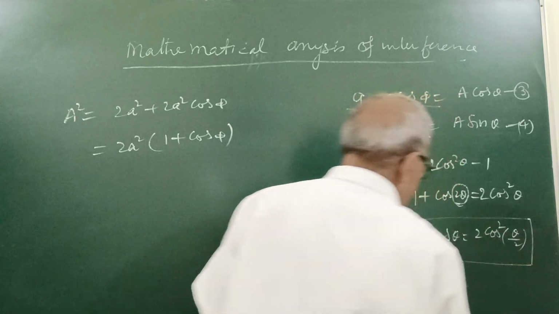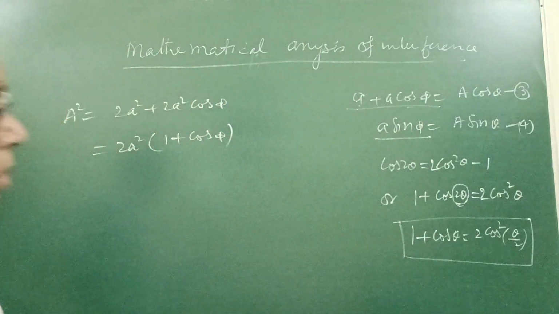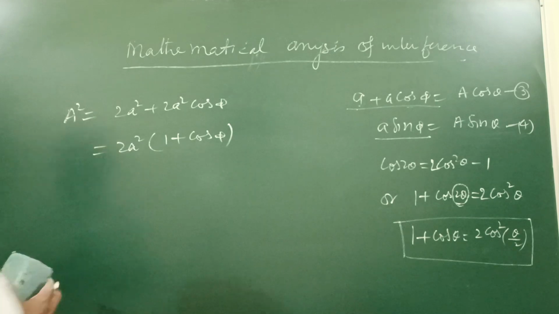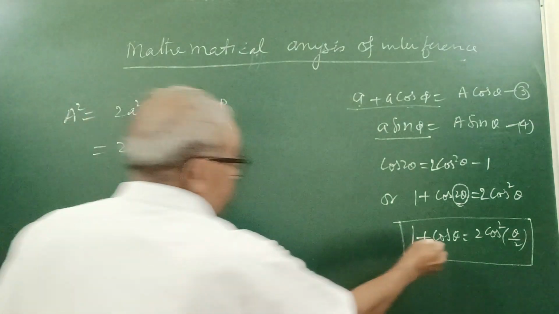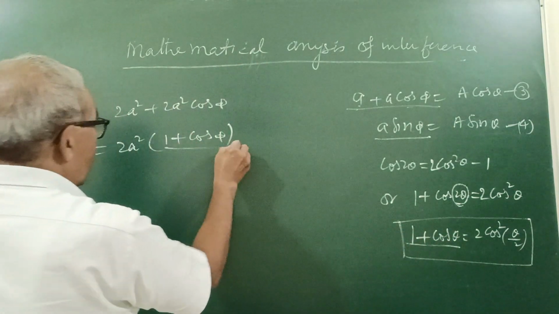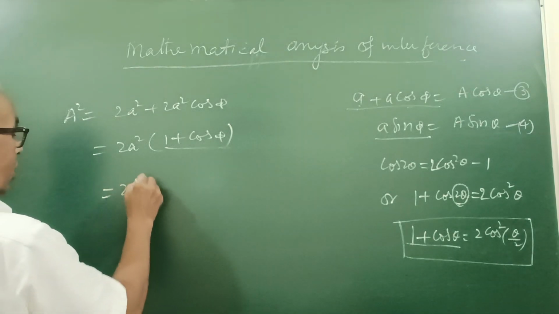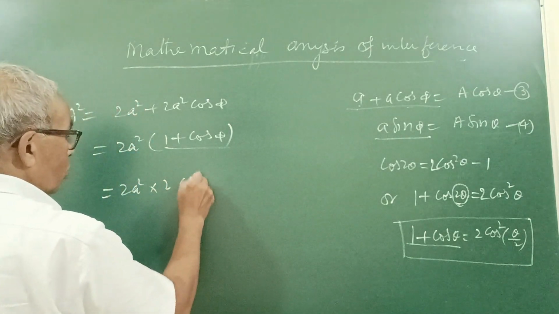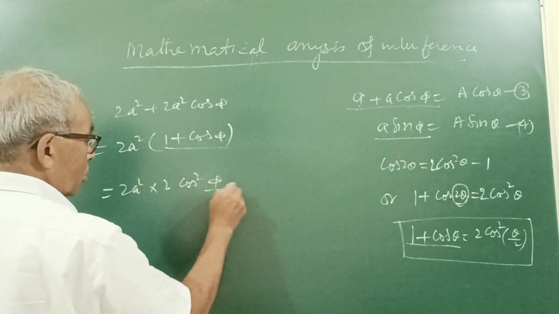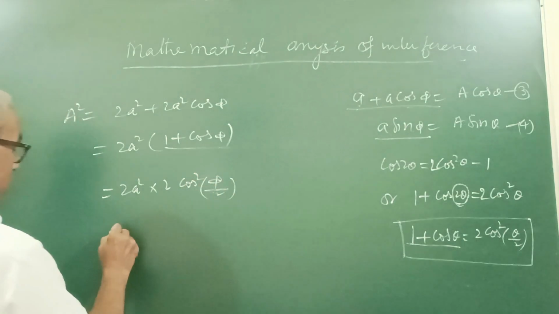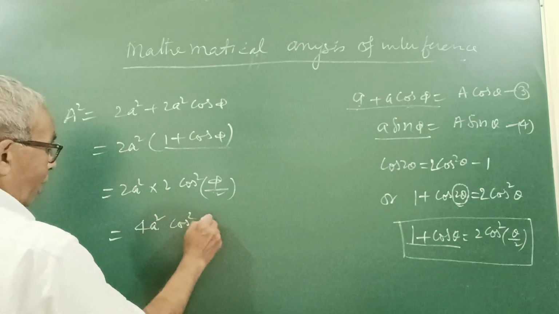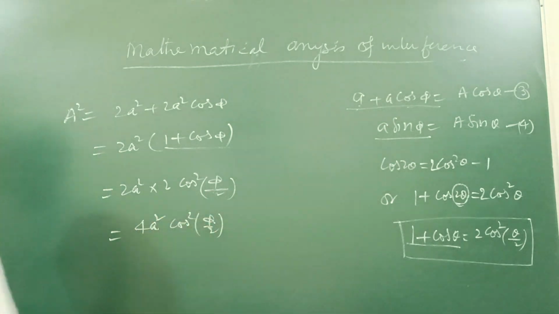Please learn this formula, it will help you at many places in physics. So this becomes 2a square into 2 cos square phi upon 2, or 4a square cos square phi upon 2.